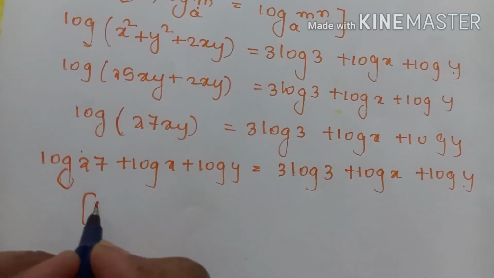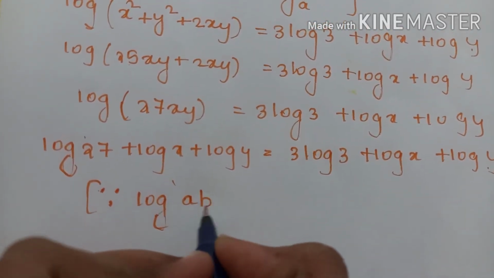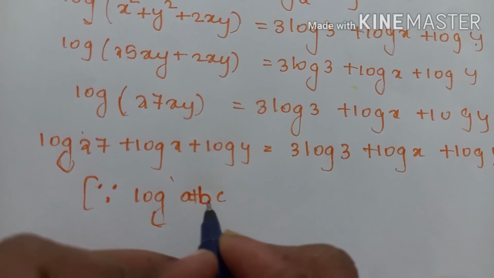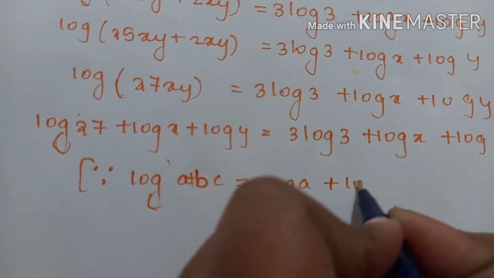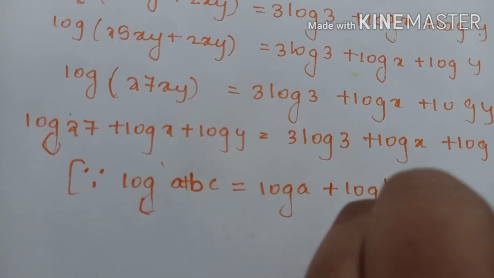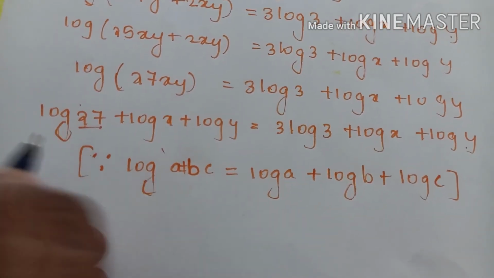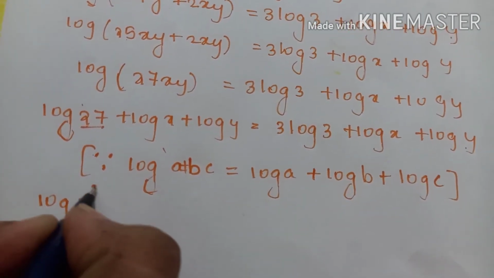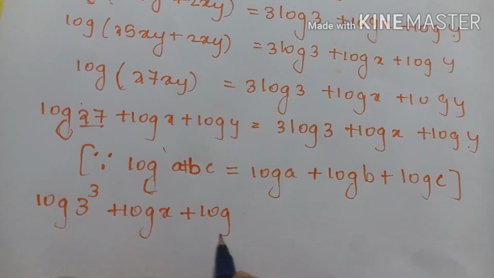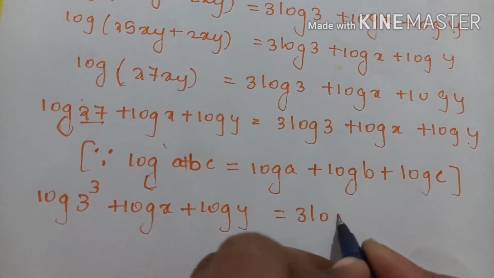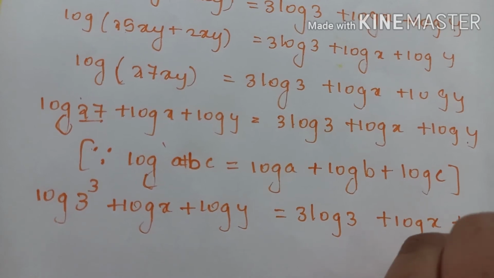So here we have used the property log abc can be written as log a plus log b plus log c. So now 27 can be written as 3 cube, so log 3 cube plus log x plus log y, that equals 3 log 3 plus log x plus log y.